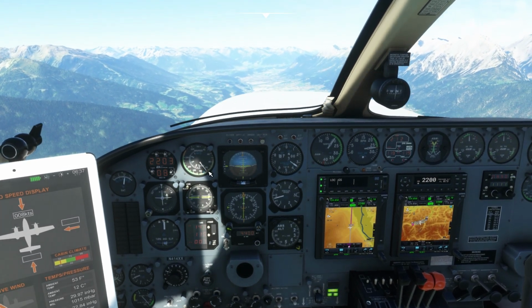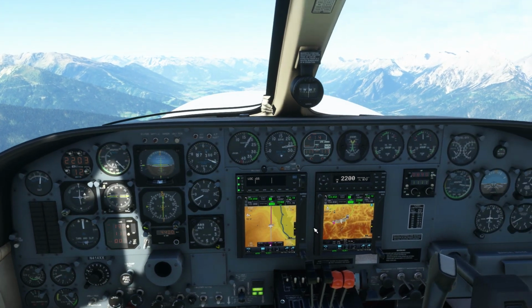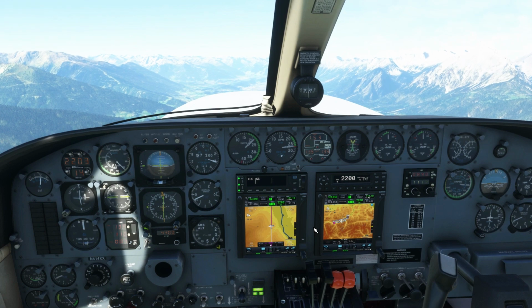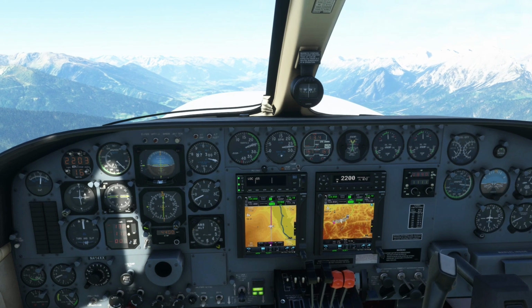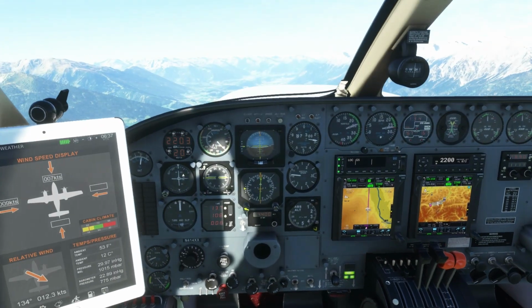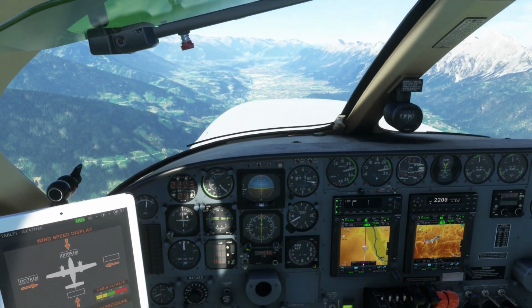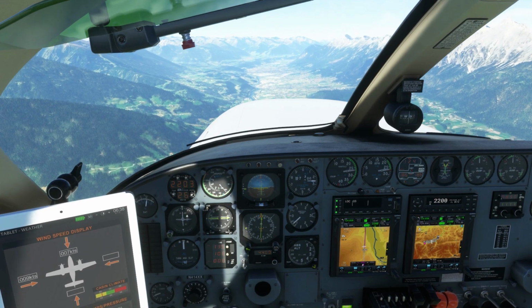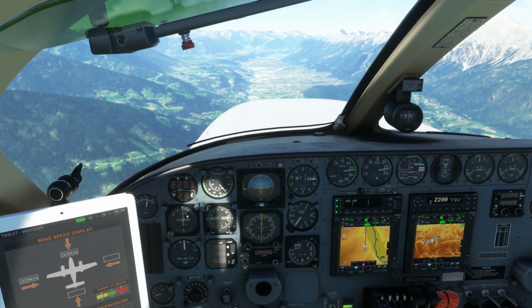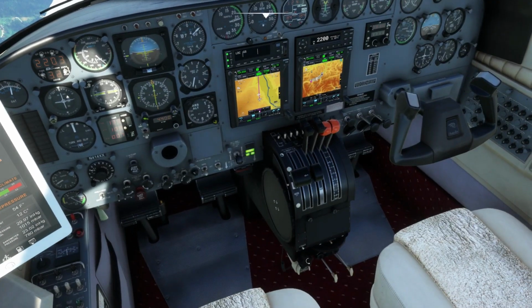Let's put in more power, because I don't want to go below 100 knots. We'll put full flaps in just a minute. Let's see that we're increasing speed. Yes, we are. Full flaps. Okay.